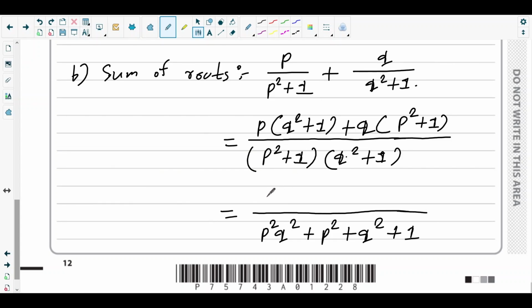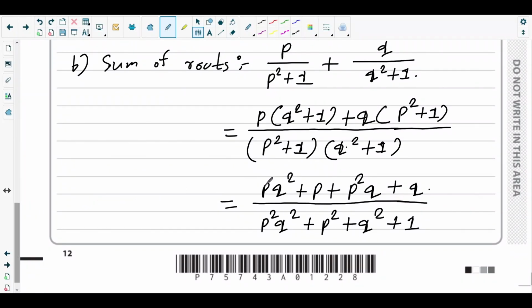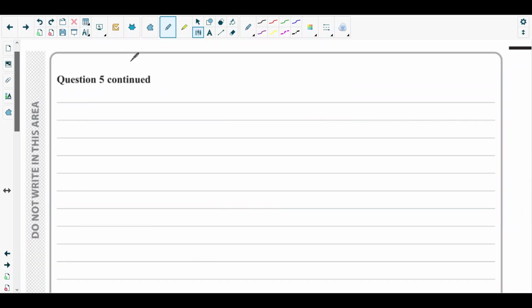In the numerator you have pq squared plus p plus p squared q plus q. Now let's rearrange this fraction. Take p squared q and pq squared together: p squared q plus pq squared plus p plus q.